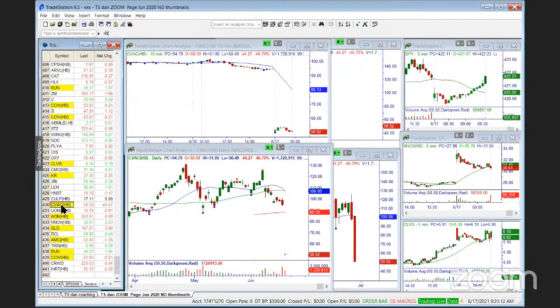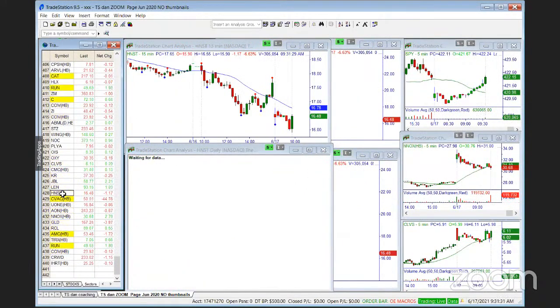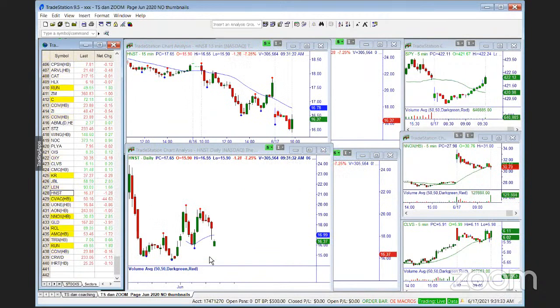All right, CVAC. Wow. Oh, this was one. Look at this whackage. They came out and said their coronavirus medicine is not effective. A recent IPO.